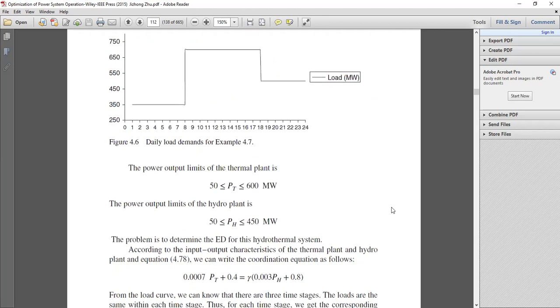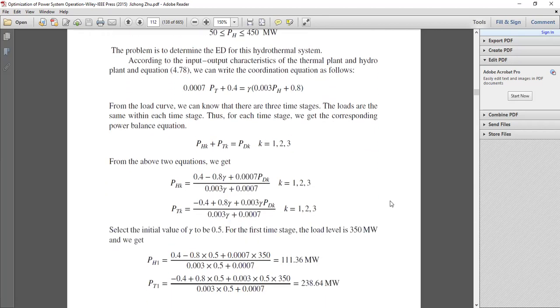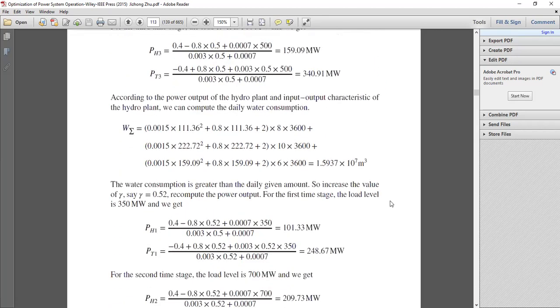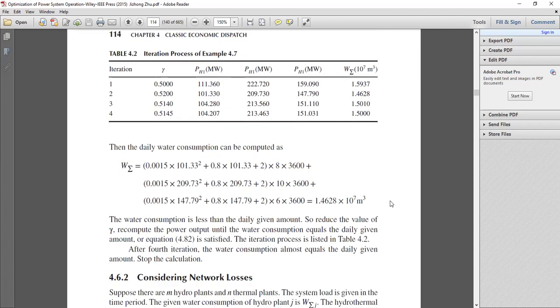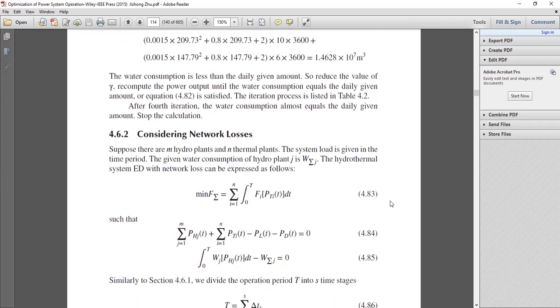So now let's jump into the next topic, that is of course associated with the hydrothermal case, but now we will be introducing the network losses. When we introduce the network losses, then our equality constraint will be updated, as we all know. But there is a little bit more complexity added here in this book.